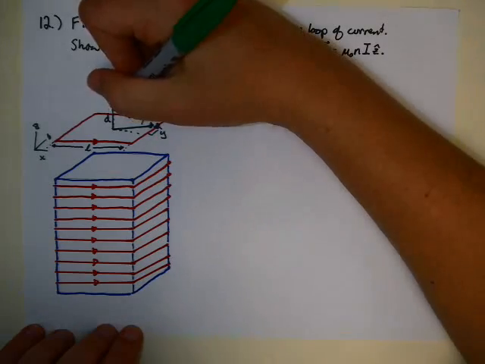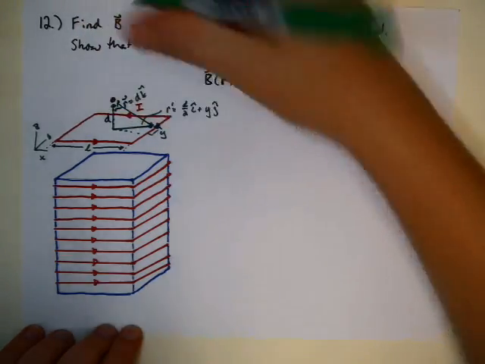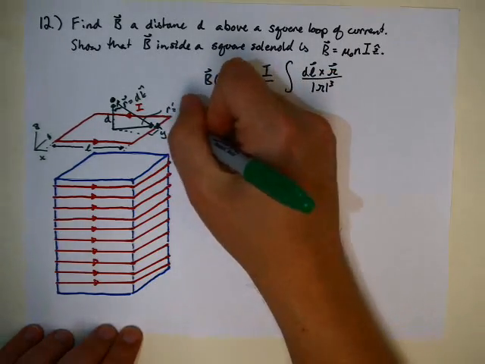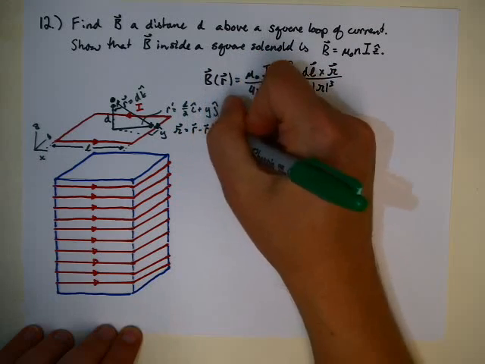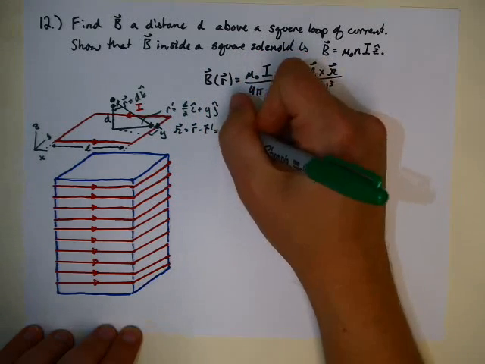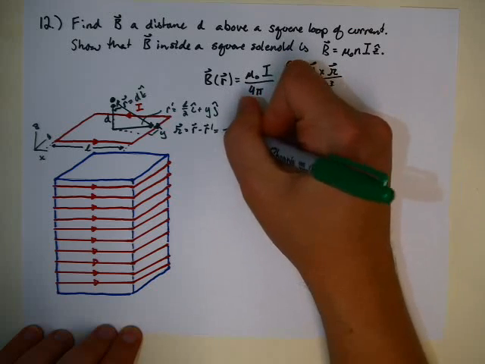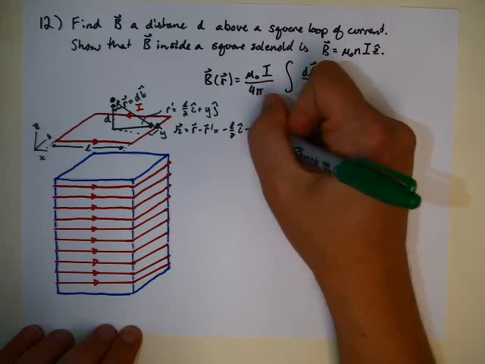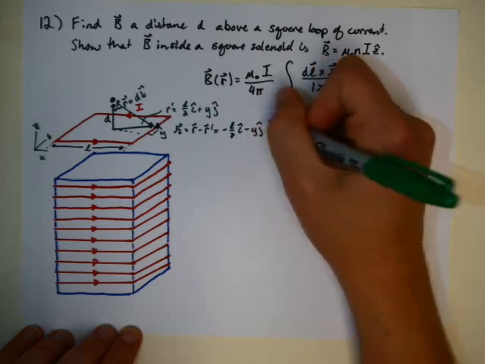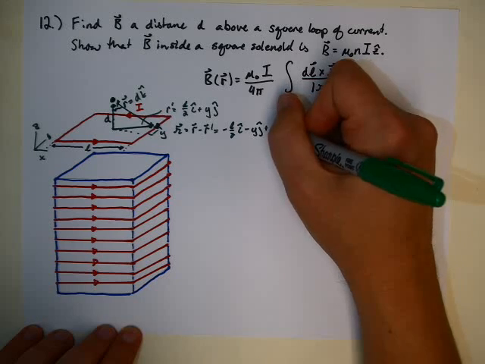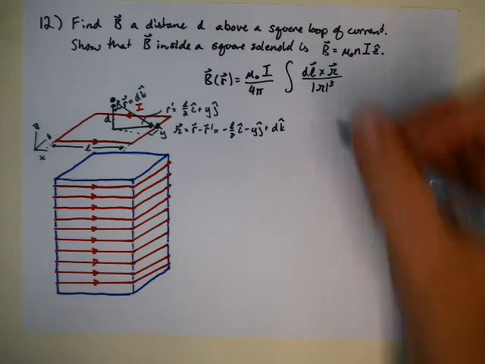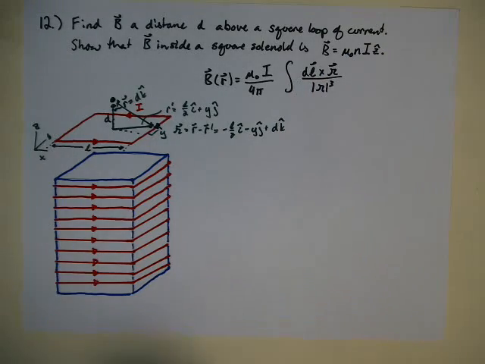Now, script r is, of course, the vector between these two, so script r is just r minus r prime, which is minus L over 2 i hat minus y j hat plus d k hat. And so that's the script r vector for this guy.